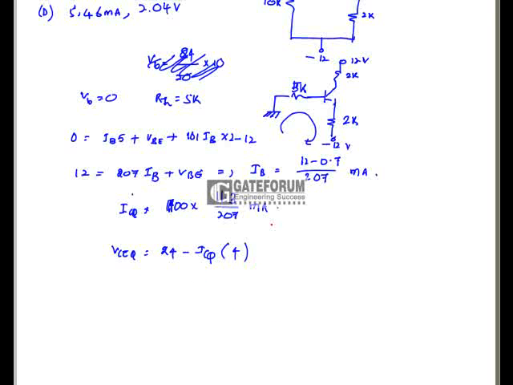So from this, ICQ is nothing but 5.459 milliamps, approximately 5.46, and VCEQ is 2.04 volts. That is, option D is correct.